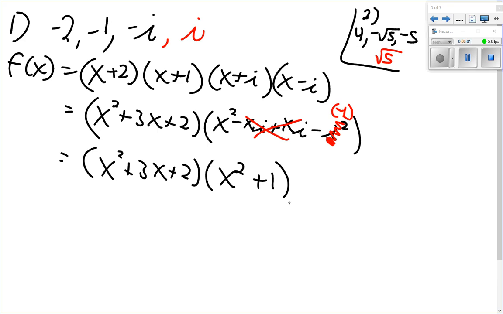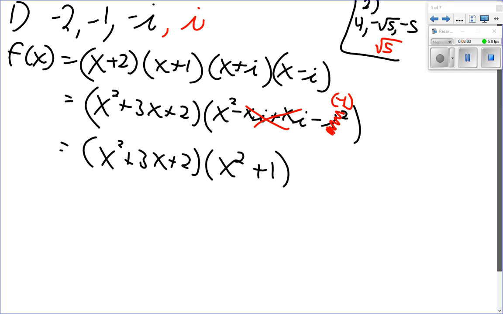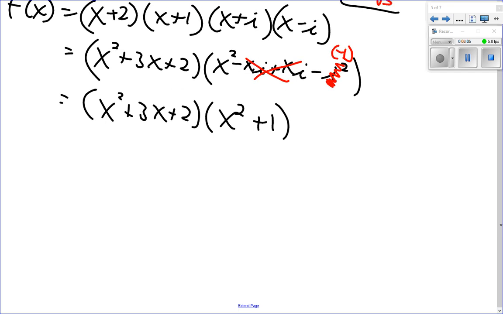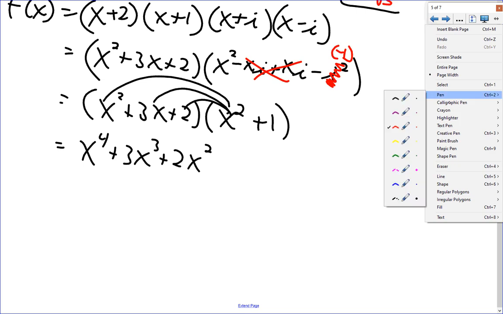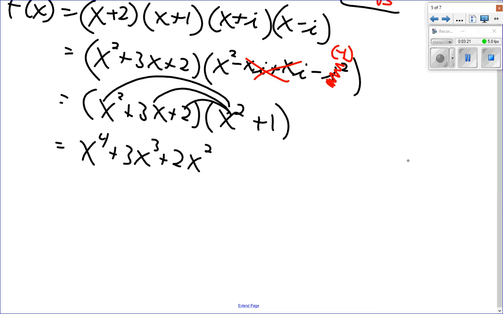And then distribute these together. x to the 4th plus 3x cubed plus 2x squared plus x squared plus 3x plus 2.